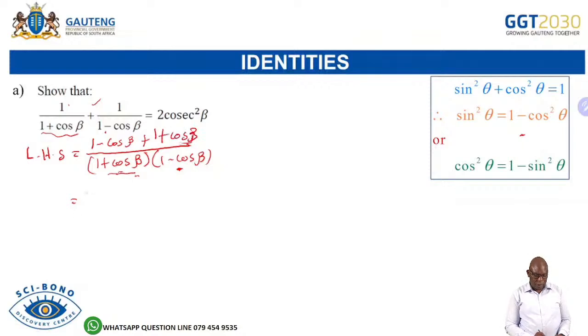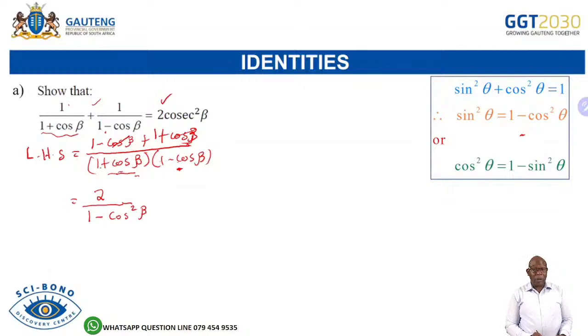I love how they cancel out. Cos this and that, positive and negative, we get a 0. I've got a 2. Can you see now? I know I'm going to get the 2 as part of my answer. Then what is left there, I can multiply out now. This is the difference of 2 squares, so I only have 1 minus cos squared of beta.